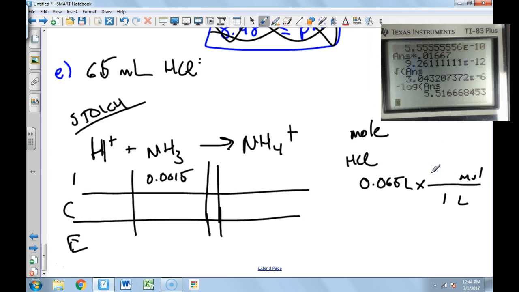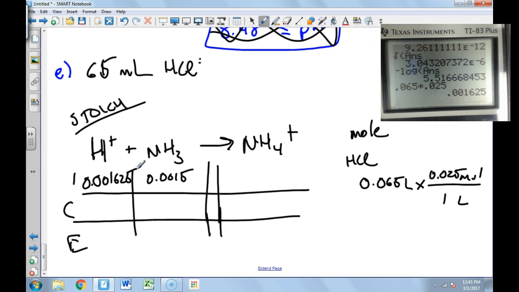So this is 1 liter, and this is 0.025. And so now we do that math, 0.065 times 0.025. And now this is going to be 0.001625.